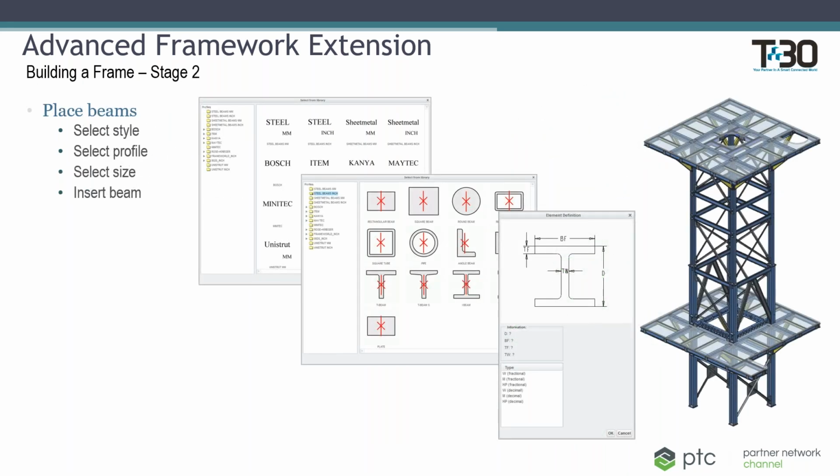Now, the second thing here is exploring the libraries that Creo offers, right? So after you've laid the foundation of where all those beams are going to be set, you'll then select what profile, what style, what size of beam you're going to work with. And as you can see in this page here, there's a variety of different standards that are provided.